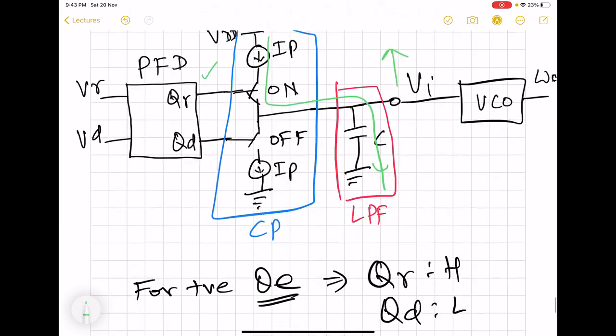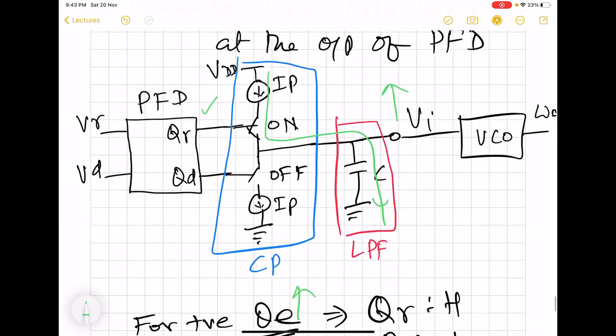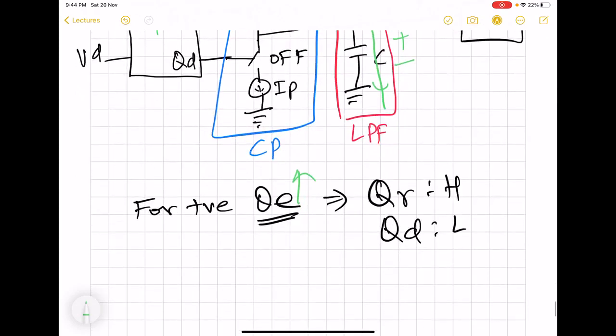If there is more phase error, there will be a larger duration for which QR is high, and a larger duration for which this switch is on. That means charge will keep on accumulating in the capacitor, and this voltage is going to increase. That will finally increase the output frequency and ultimately reduce the difference frequency. So this is what happens when we have a positive phase error.